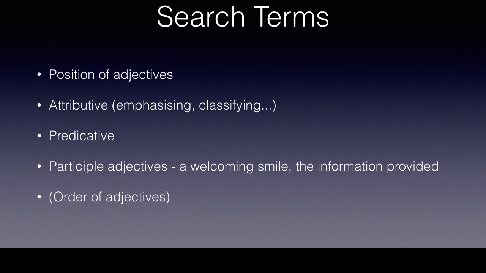We can also have participle adjectives. They can be formed from the present participle, so to welcome, so a welcoming smile, or from the past participle, so provided, so the information provided. In this case, we can't say the provided information, or it would be weird.